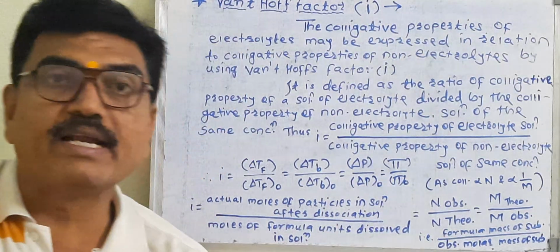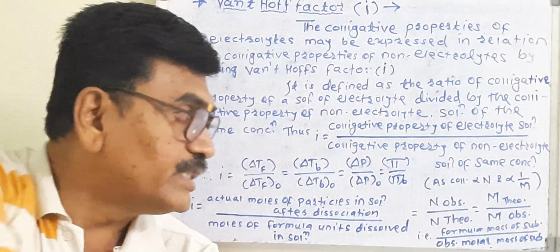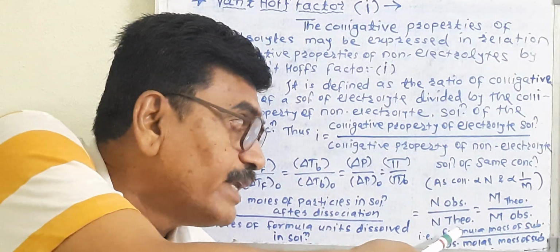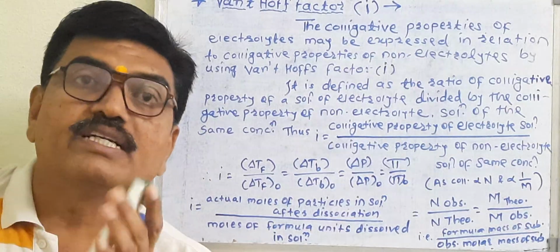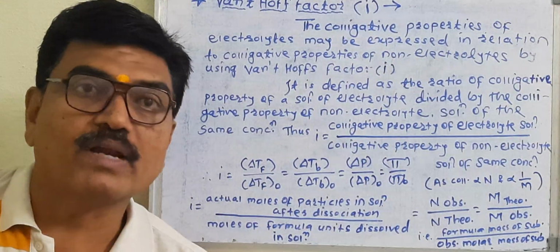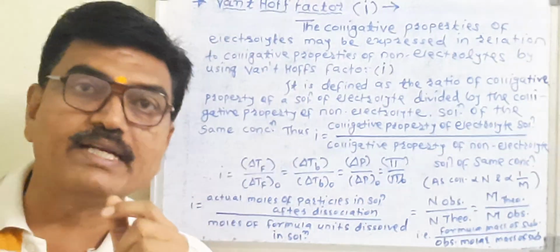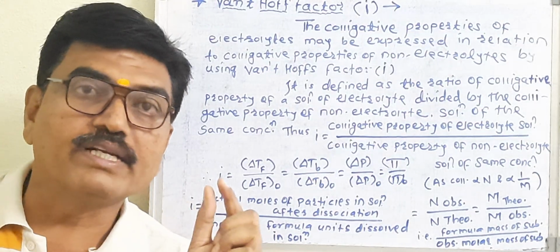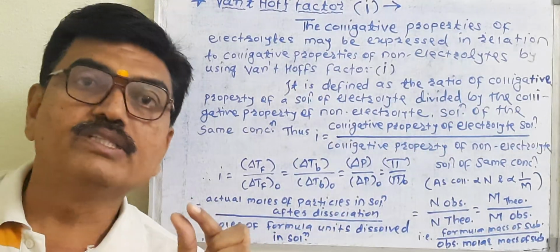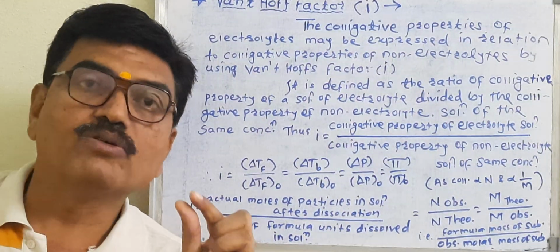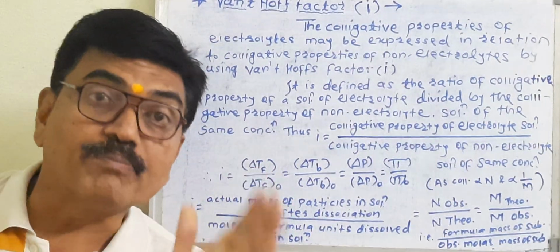Vant Hoff's factor is valid, but we have to note that Vant Hoff's factor is not valid or applicable for highly concentrated solutions of strong electrolytes. In case of highly concentrated solutions of strong electrolytes, what happens there? The strong electrolyte after dissociation produces ions, but because of the electrostatic force of attraction, the ions form pairs.